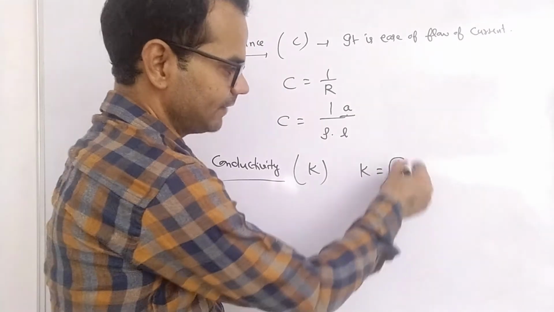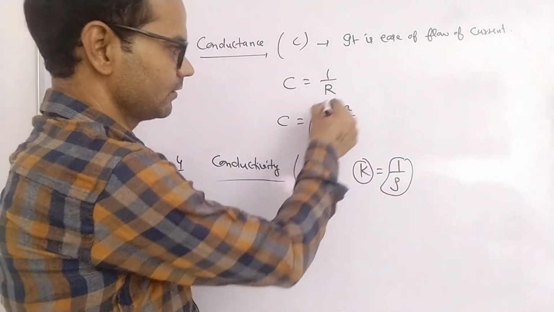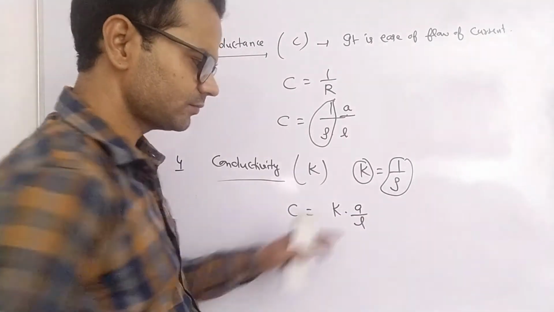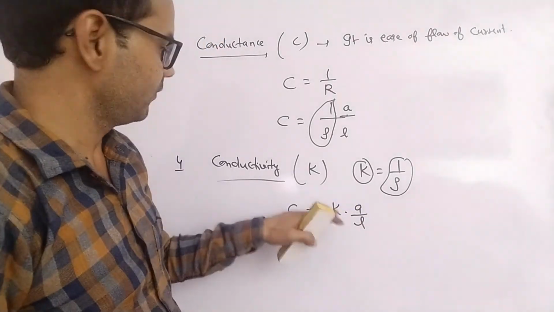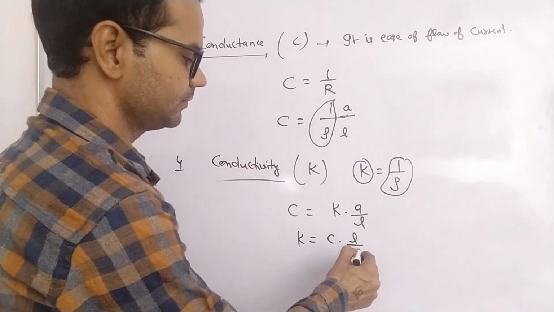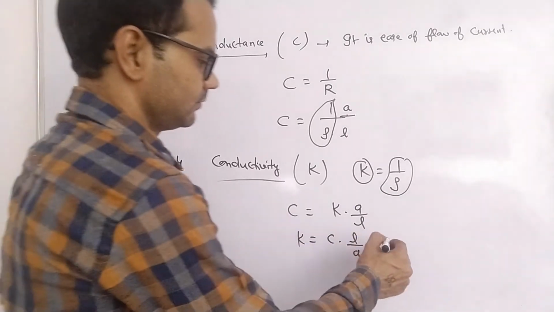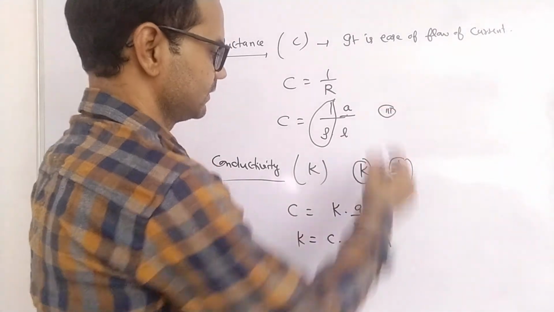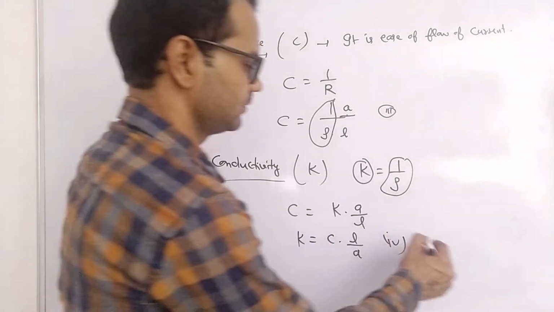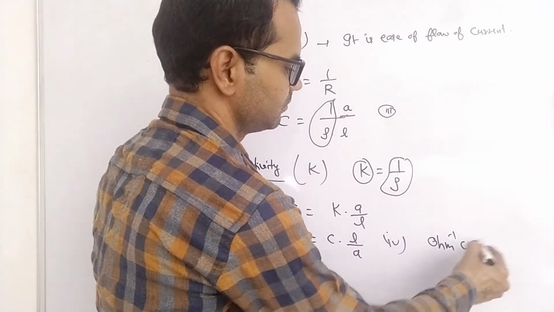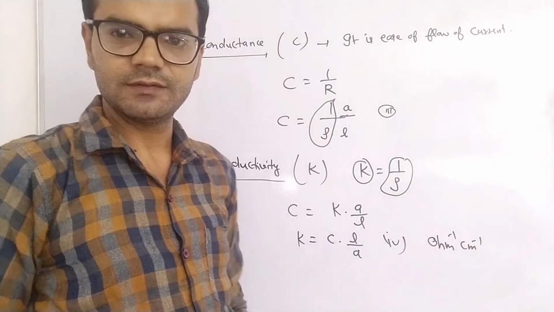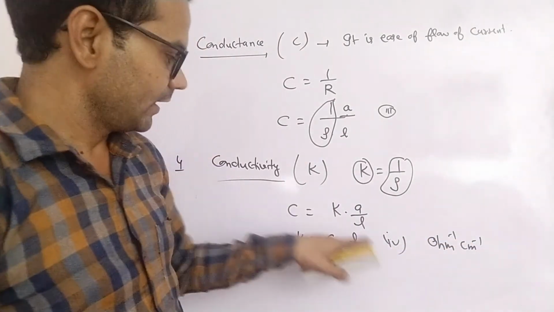So 1 by rho can be written as K. So we can put it here: C equal to K into A by L. And we can find the formula of conductivity also. K equal to C into L by A. This is the third formula. Unit is just opposite of resistivity: ohm inverse centimeter inverse.